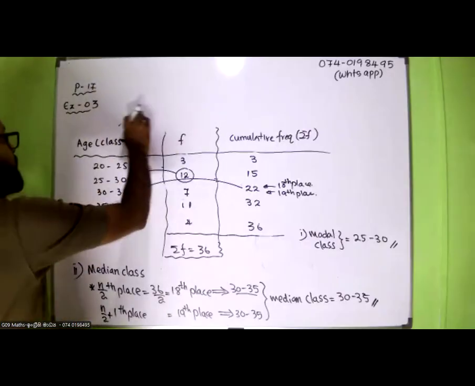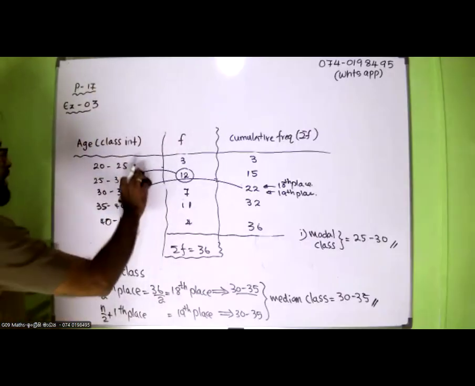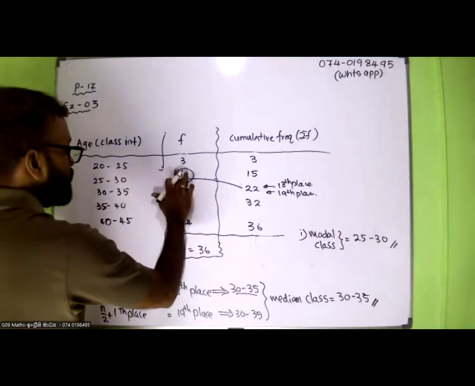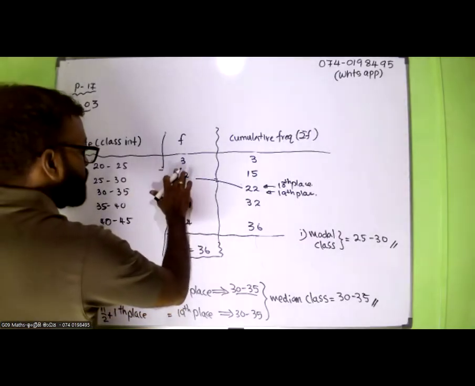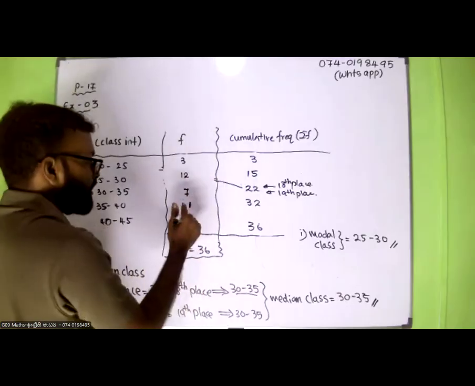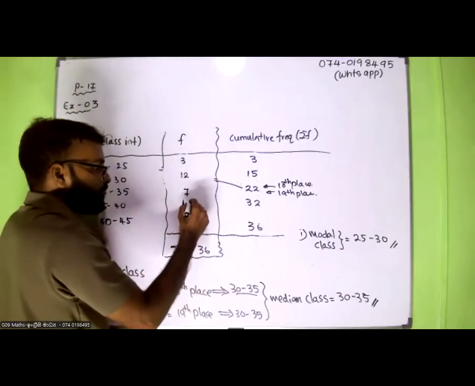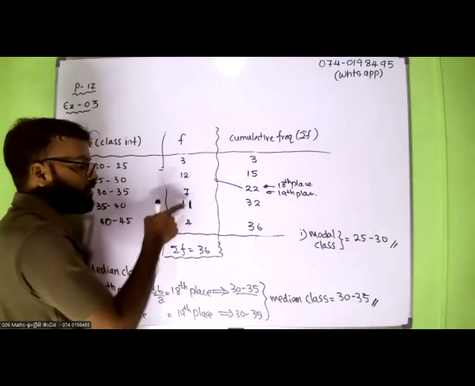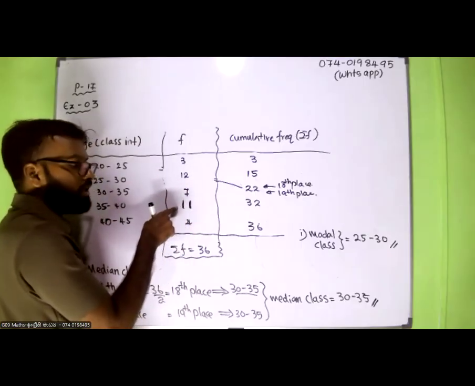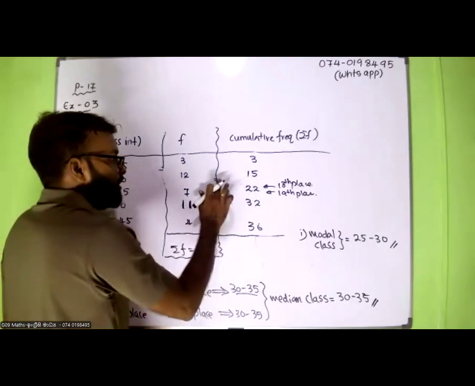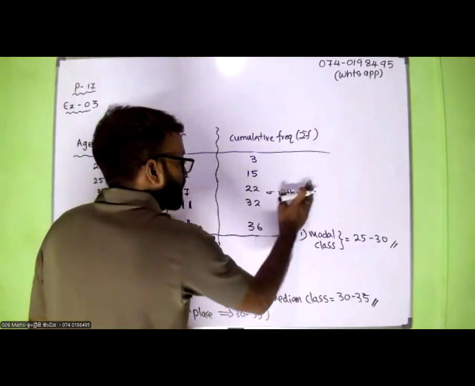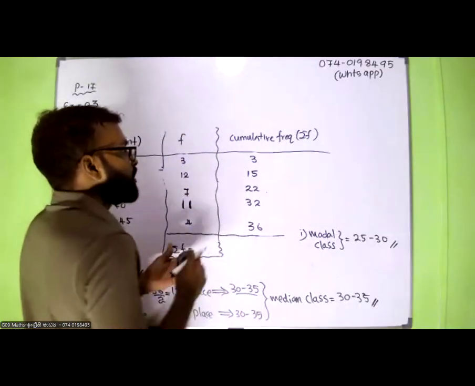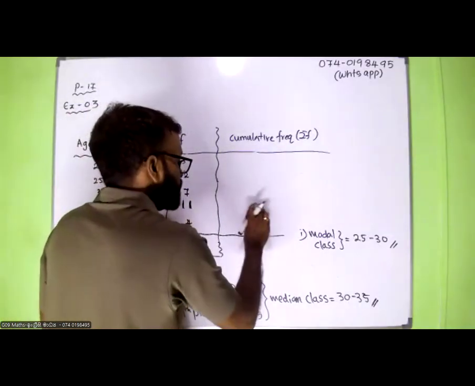Right now I haven't given anything. Only the class intervals, and here you have the frequency column. And I told you guys to make 10 as 11. Now what you have to do is, again, calculate the cumulative frequency column.